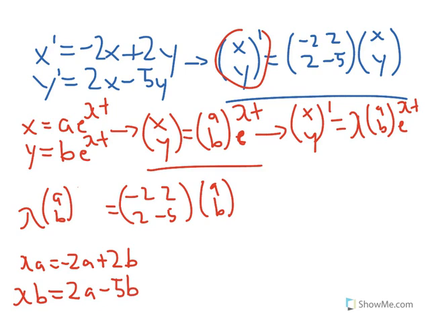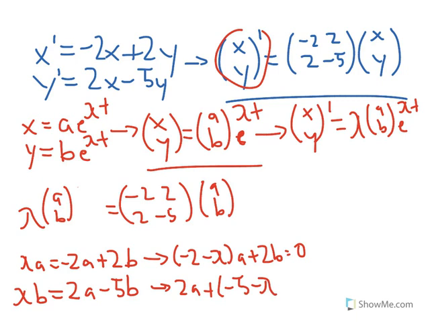Now we have two equations and three variables. However, we can make this more useful if we rearrange it, bringing the lambda a over to get negative 2 minus lambda, a, plus 2b equals 0. Do the same with the bottom equation. We get 2a plus negative 5 minus lambda, b, equals 0.